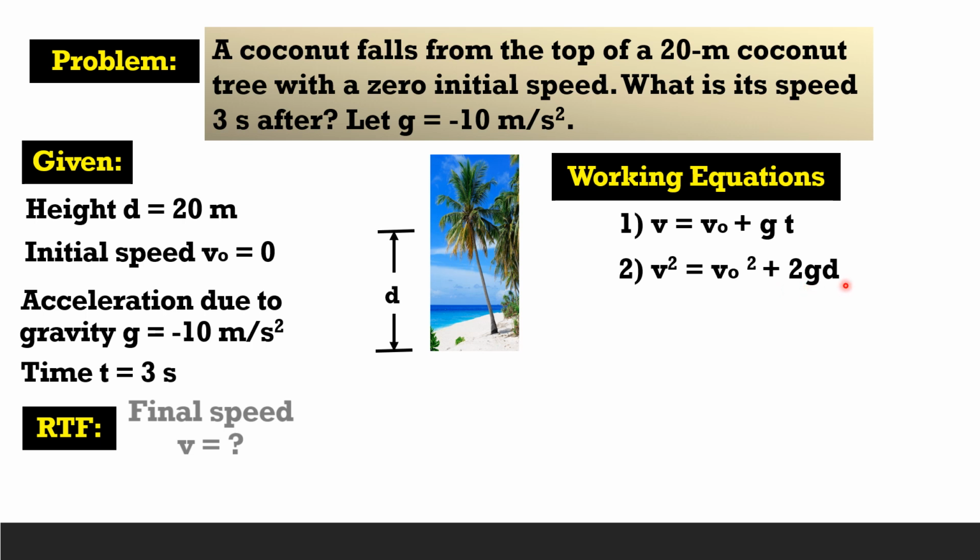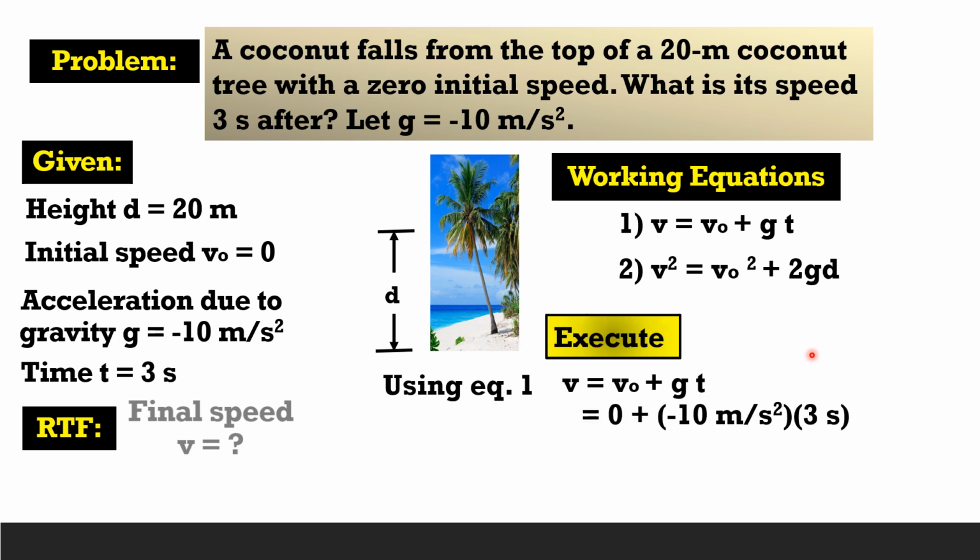Checking the given data, it looks like both working equations are possible formulas in determining our unknown variable, the final speed v. So let's begin by using equation number 1.